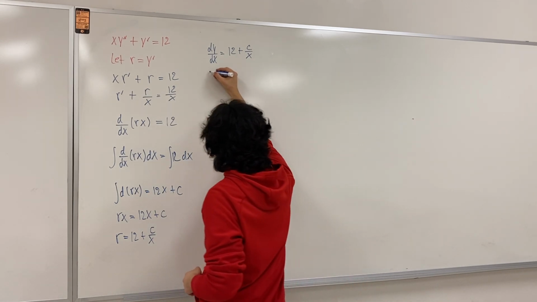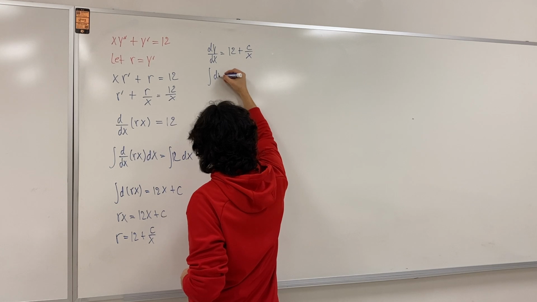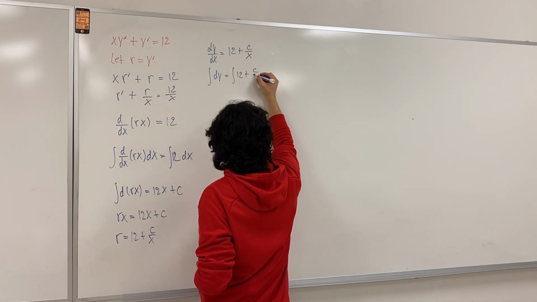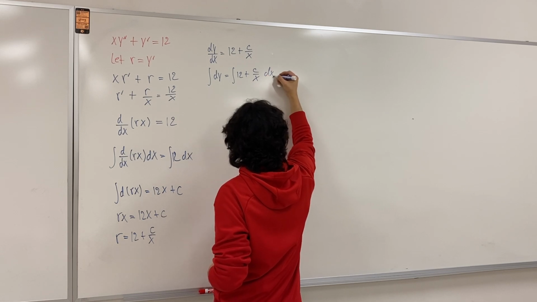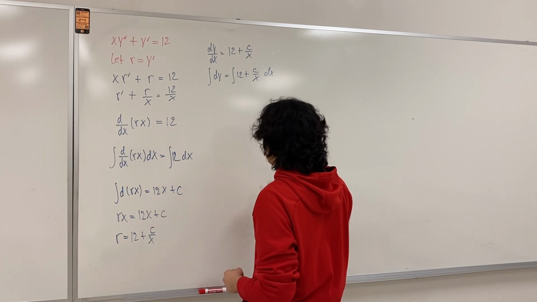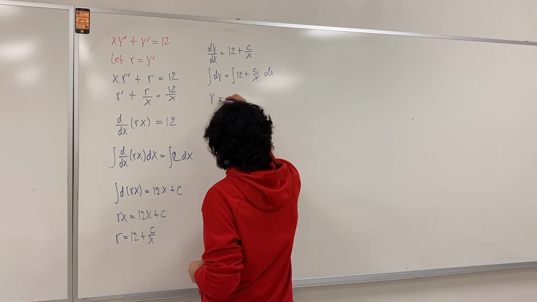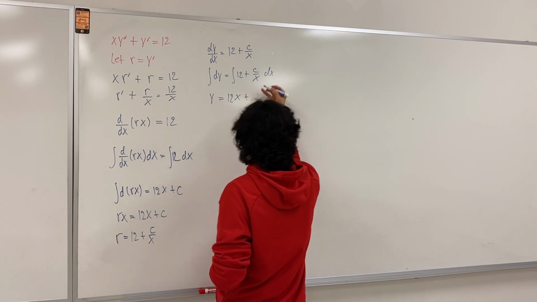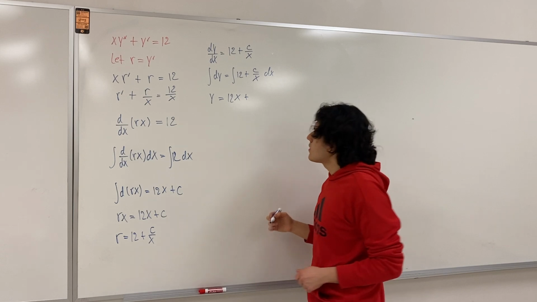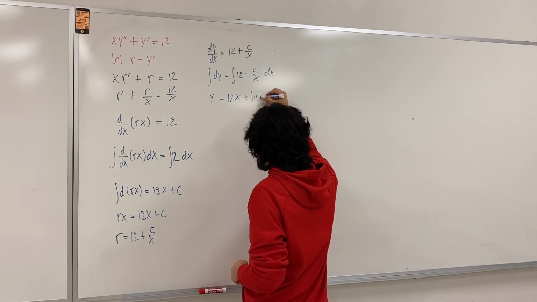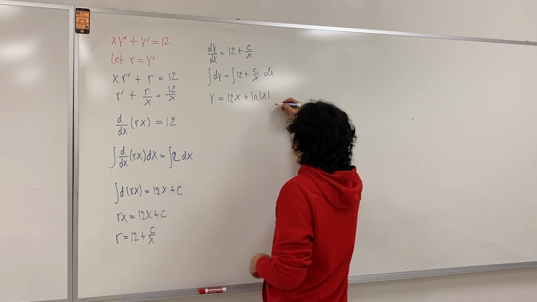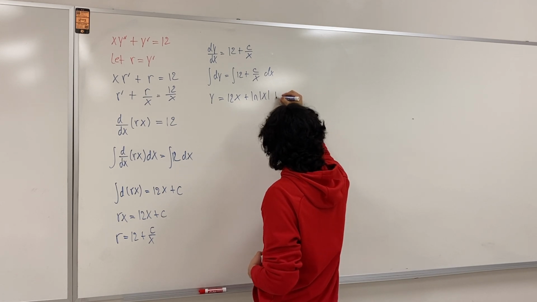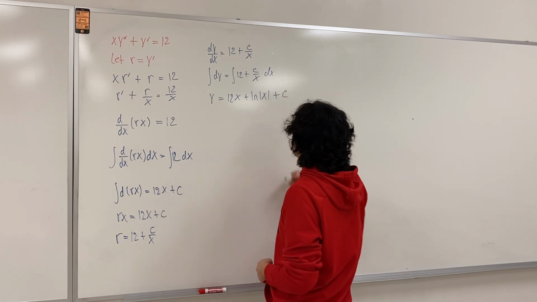And now this is a separable differential equation, and I'm pretty sure you know what to do from here. You would just integrate both sides of the equation with respect to the corresponding variables, and we're going to get that y is equal to 12x plus, this is going to be ln of the absolute value of x, because we don't really know the domain of our function, it could be negative, so we're going to keep the absolute value, plus a constant c, okay?